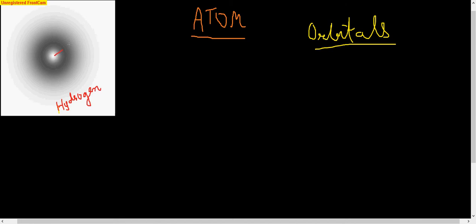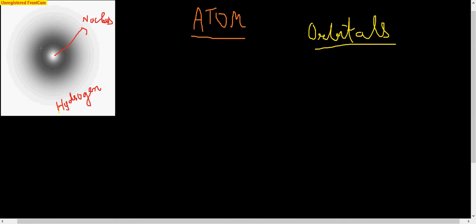This white part over here is the nucleus, and these black parts are the probability where an electron can be found. It's just a probability, not a definite path. When it comes to orbitals, we don't have a definite path. We just have a probability of finding an electron over there.